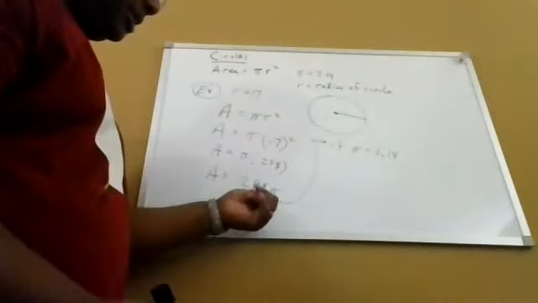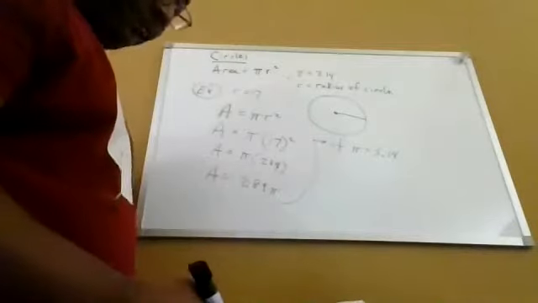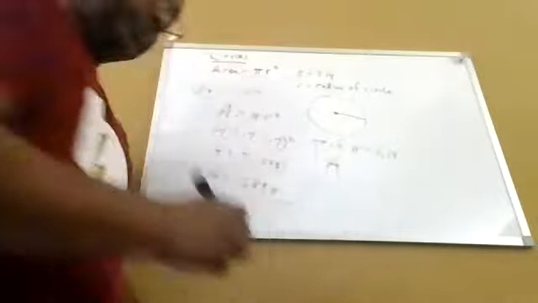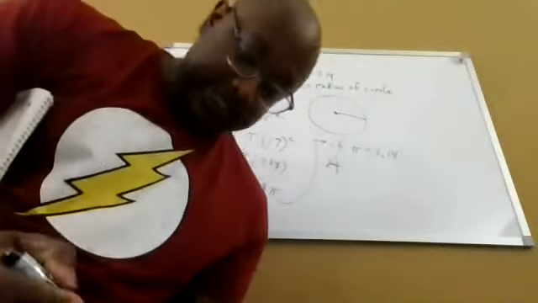So what I wrote here was, well, if pi equals 3.14, I can substitute that number in for pi in the formula. Okay, this marker is not working out.